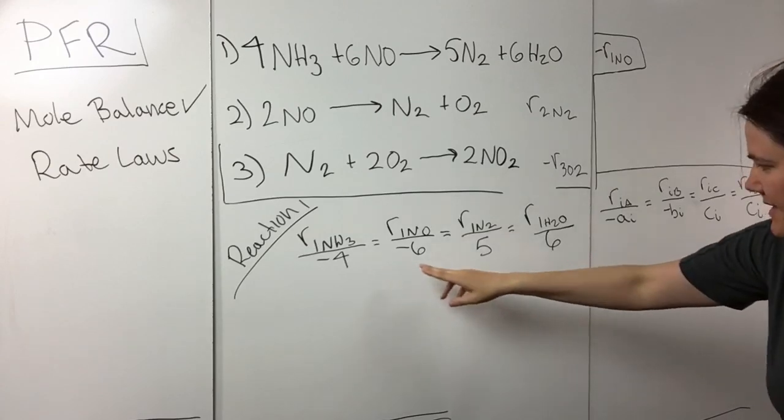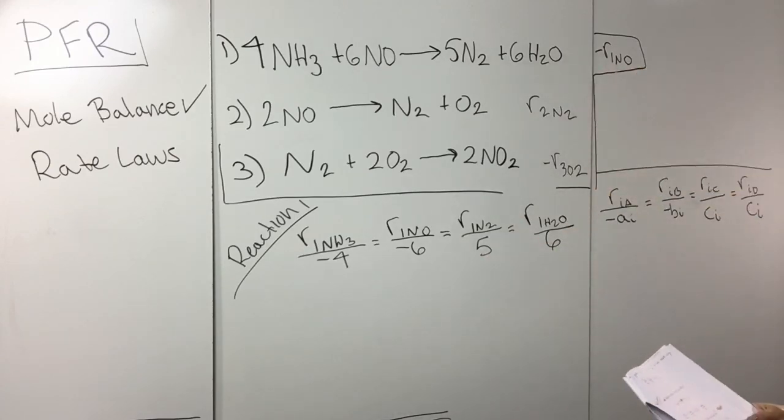Since we know what R1 NO is, we should be able to get all the others.